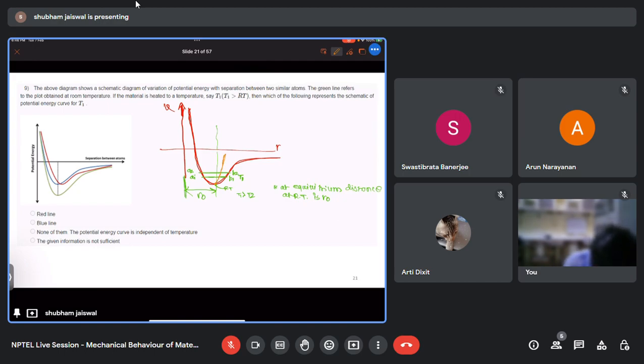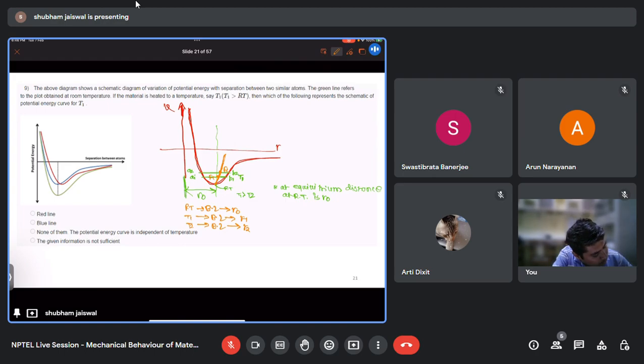If at room temperature the bond length is r naught, then at temperature T1 the bond length will be R1, and at T2 the bond length will be R2.